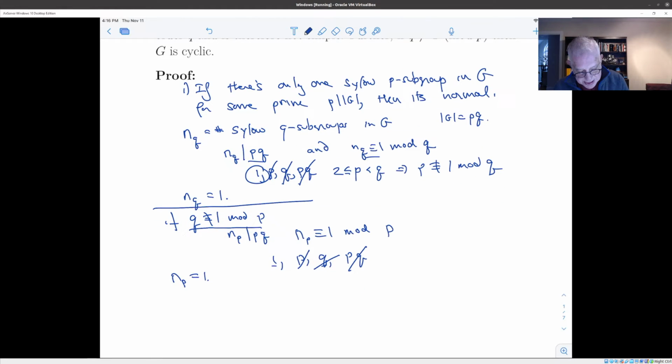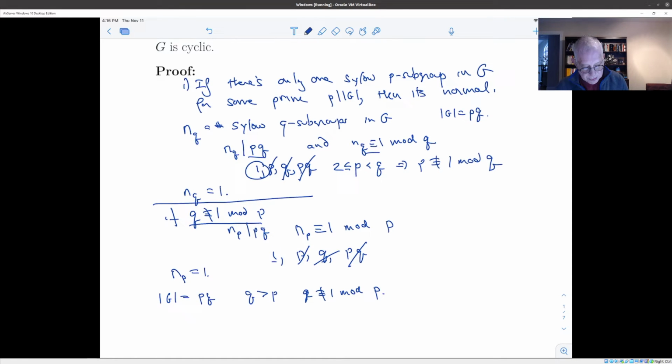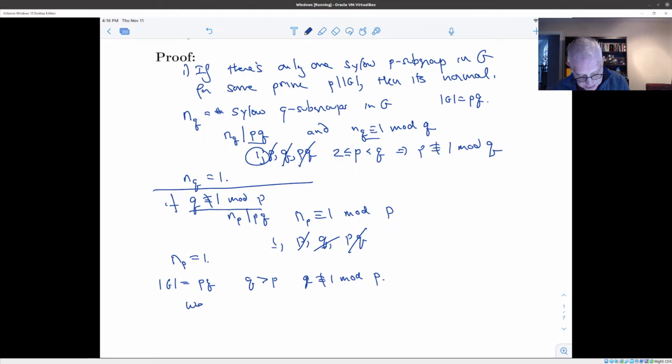So in this particular case, where the order of G is pq, q is bigger than p, and q is not congruent to 1 mod p, we have two normal subgroups: H of order p and K of order q, both normal.